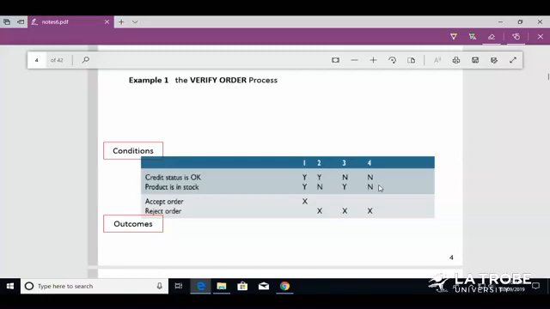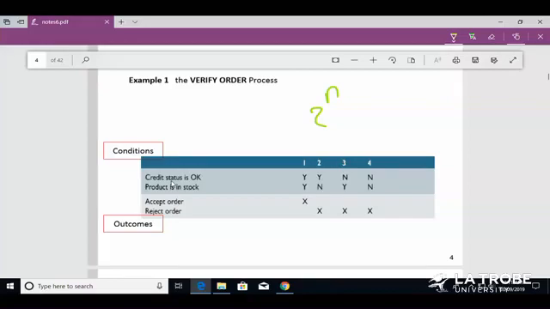So the rule is 2 power n, and the n here represents the number of conditions. Here we have two conditions, so that means we have 4 rules, 4 columns that reflect the possibilities of the 2 conditions.